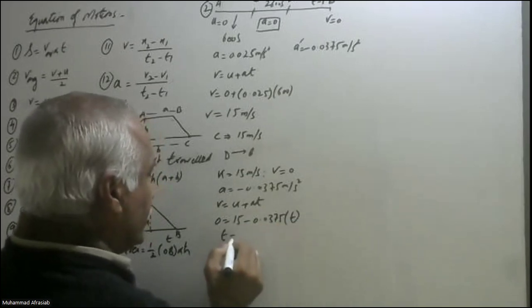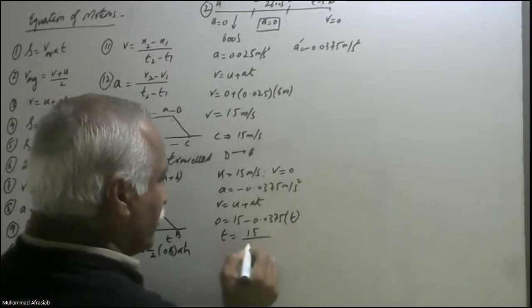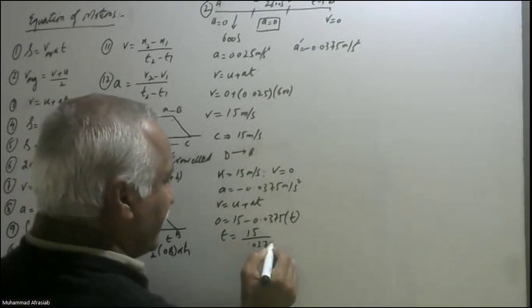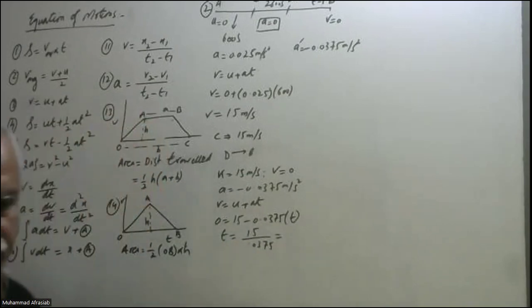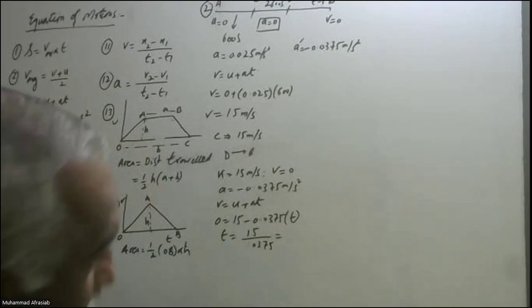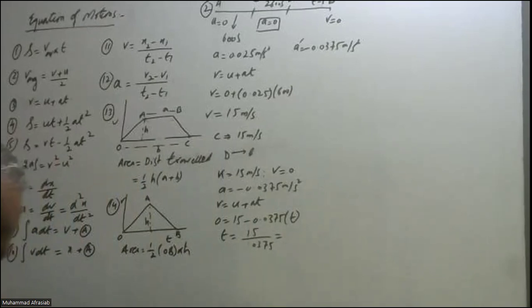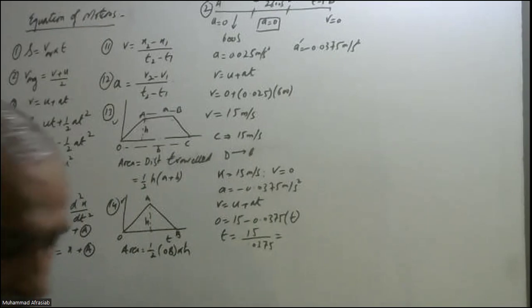So time t is 15 over 0.0375, and that is calculated equal to 400.